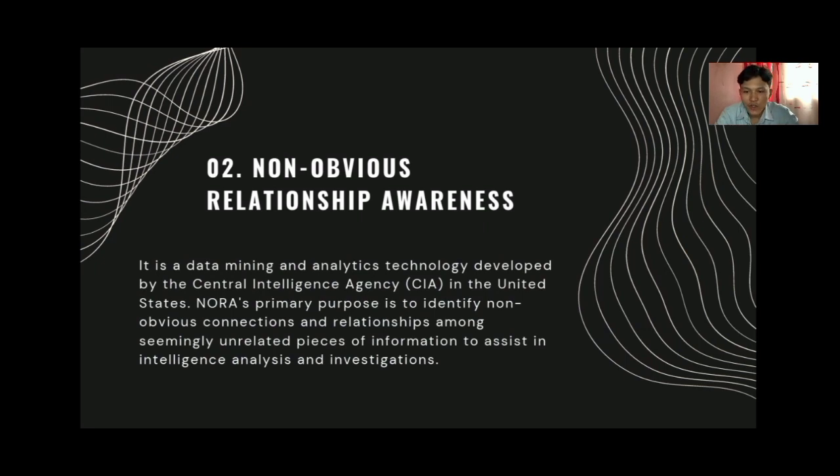The technology behind NORA involves applying machine learning, data fusion, and network analysis methodologies to paint a comprehensive picture of interconnected entities, events, and activities. Relationships between individuals, organizations, locations, and other entities, even when those connections are not explicitly stated or obvious.